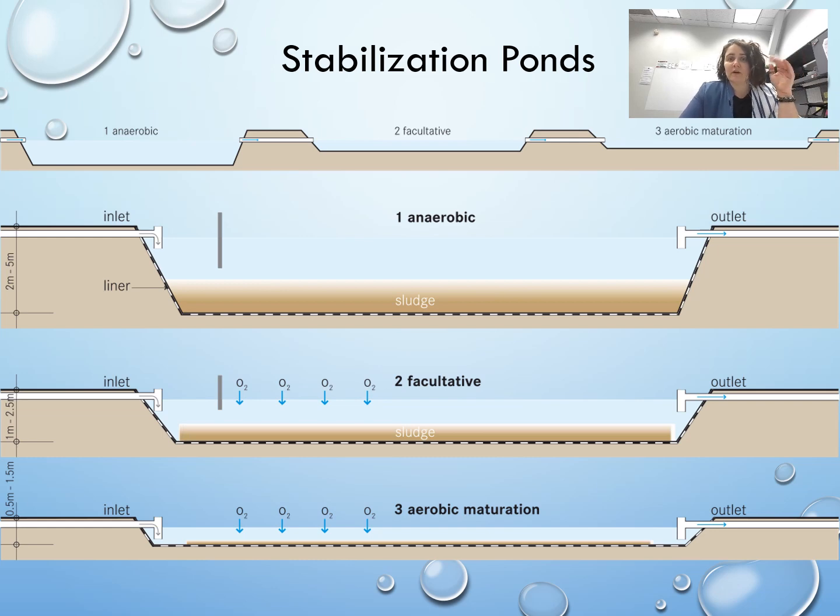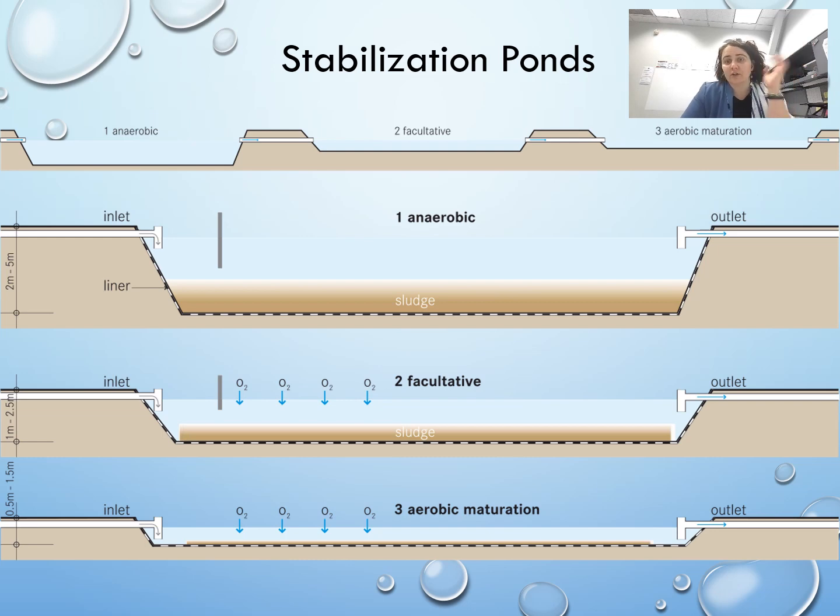So this is an example of what a stabilization pond could look like. So this is the cross section. If you were to go down into the ground and look at it from the side, normally we have different zones. So a typical stabilization pond structure would have three different zones. We have one that's the anaerobic, we have one that's the facultative, and we have one that's aerobic. So the first one is for the organisms that don't need oxygen and they just produce sludge. And then the clean water that comes out of that goes into what we call a facultative lagoon.